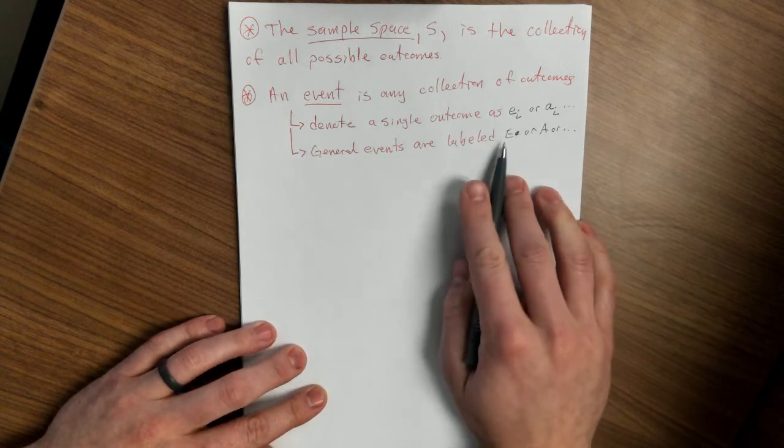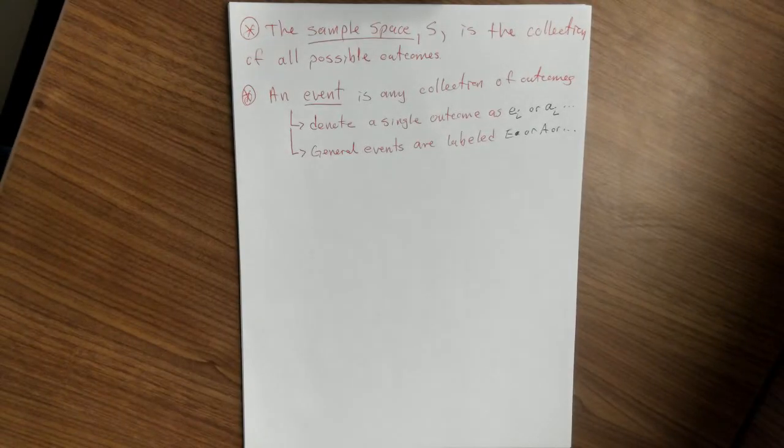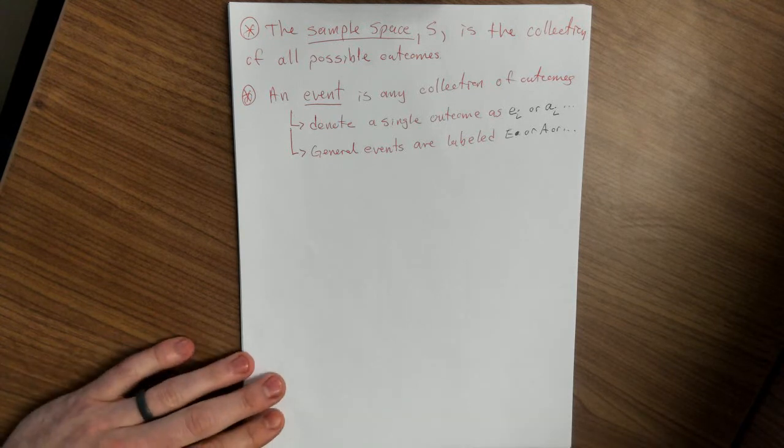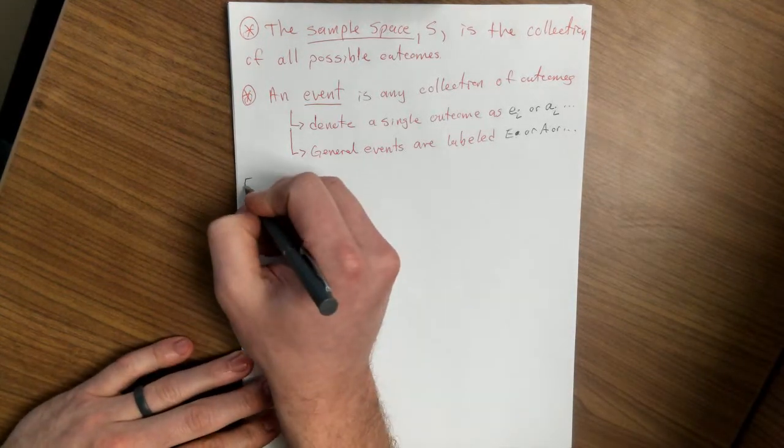This capital E could be the probability of rolling an even number if you're rolling a die. So let's look at an example.